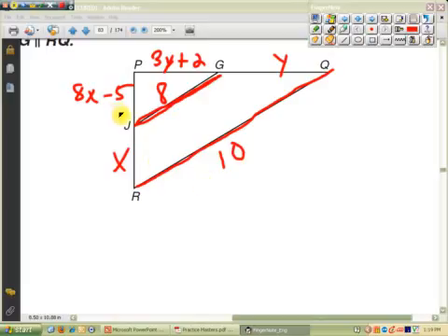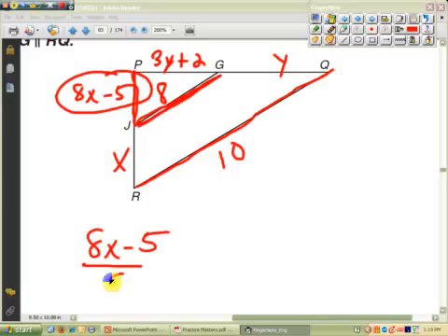So what you got to do is this. To find X or Y, you can do one of them first and then plug in that number, find these two sides, and then find the other. Or you can find X first. Here's how. If you take this proportion, 8X minus 5 over 8, that's got to equal another proportion using this whole side over 10.